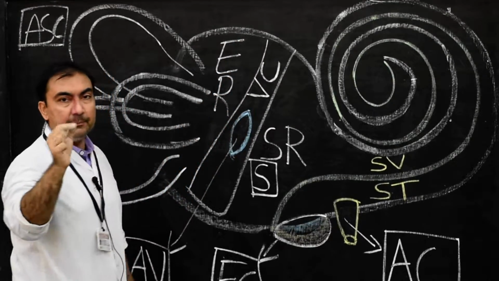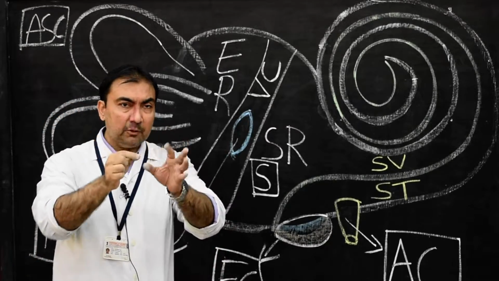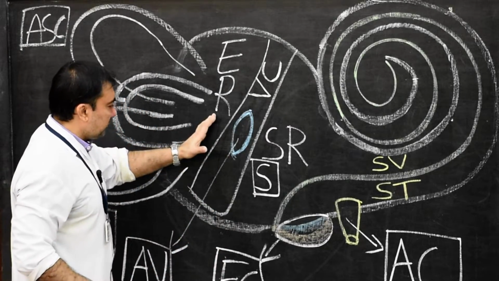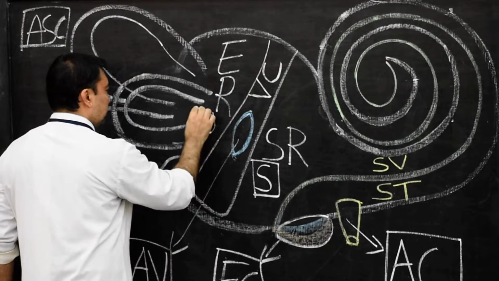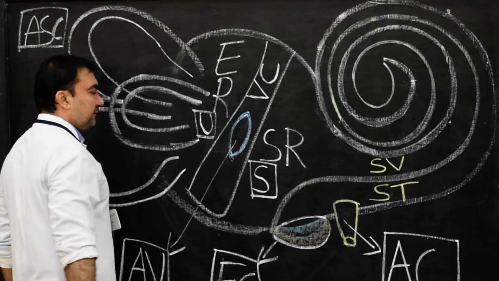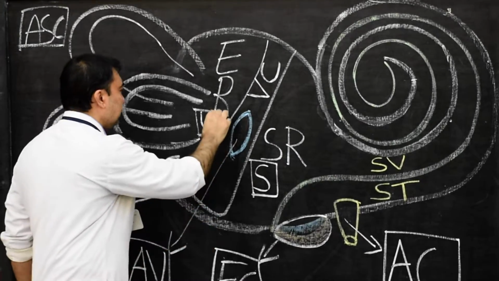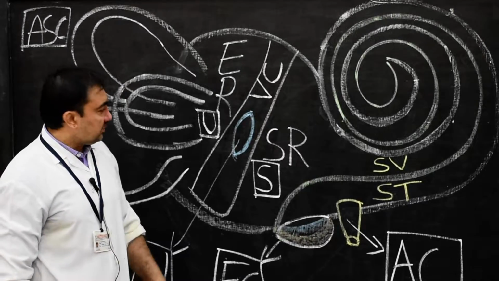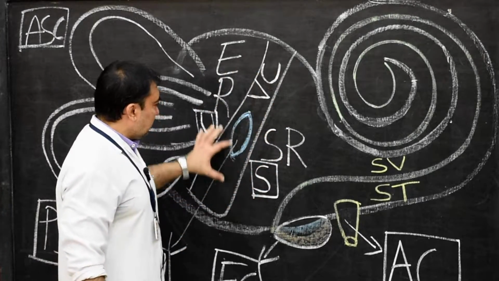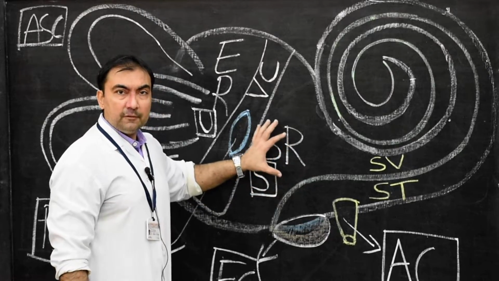Please note it down. Elliptical recess. It will receive the opening of which portion of the membranous labyrinth? Utricle. So the utricle of the membranous labyrinth will open within the elliptical recess. So this much is about the medial wall of the vestibule.